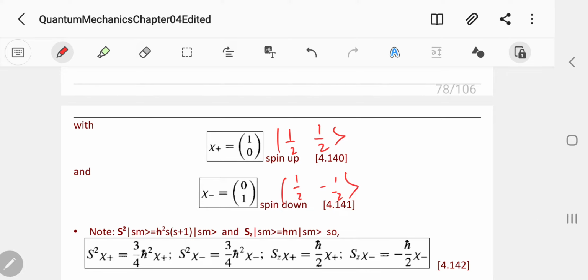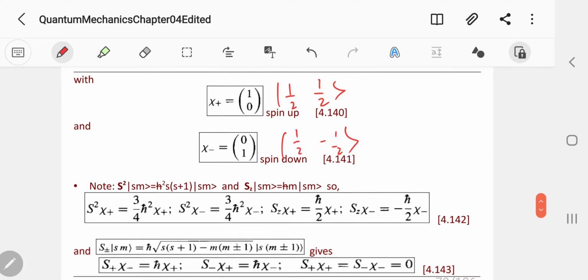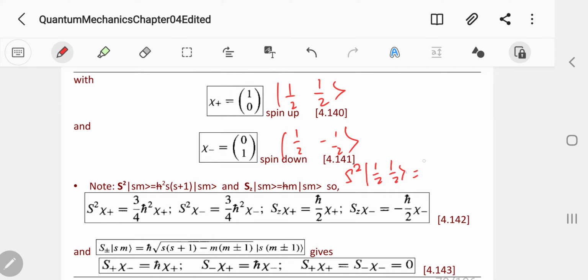So if you operate S squared on chi plus, you will have 3/4 ħ squared chi plus. This is just S squared on |1/2, 1/2>, which is equal to ħ squared times 1/2 times (1/2 plus 1).